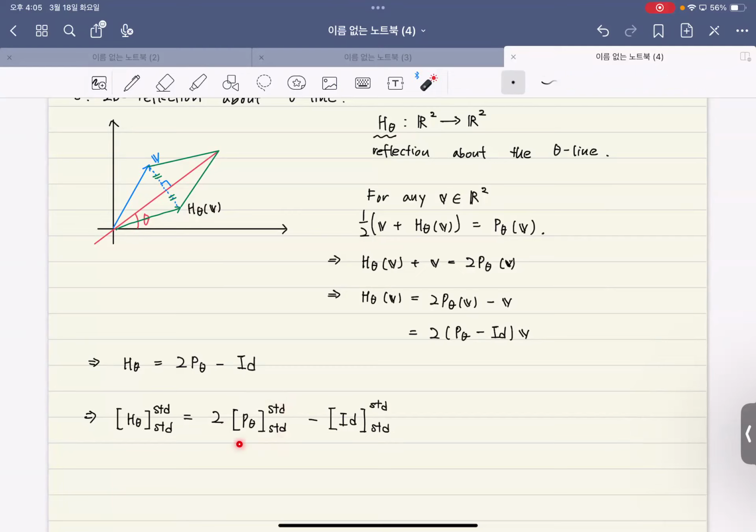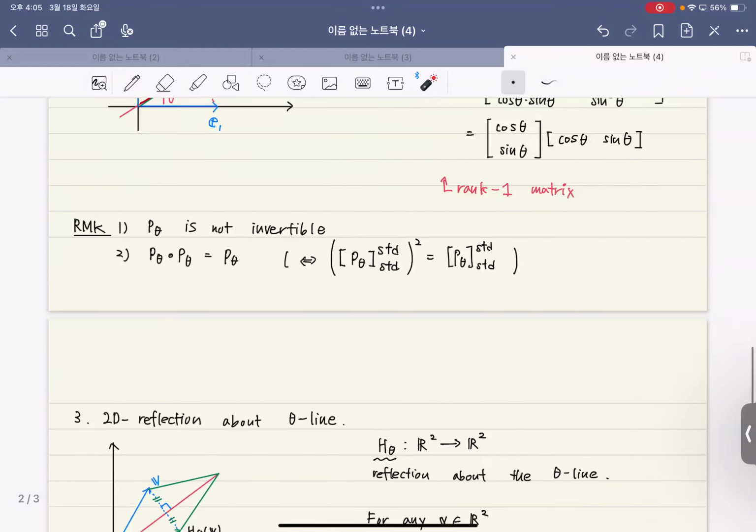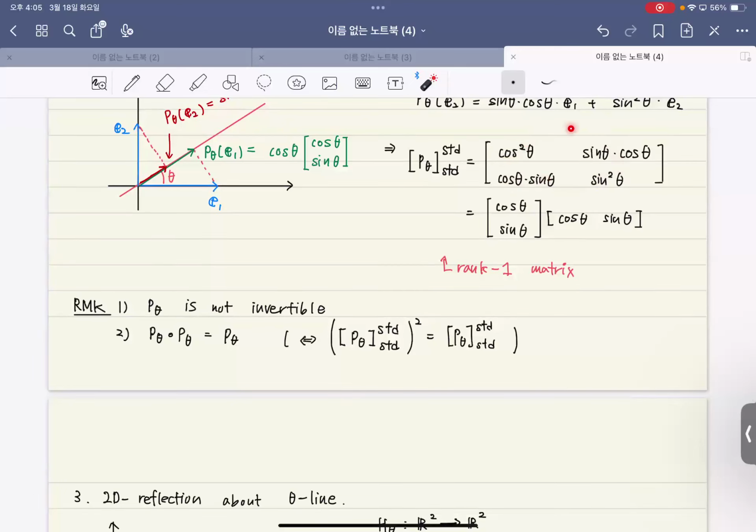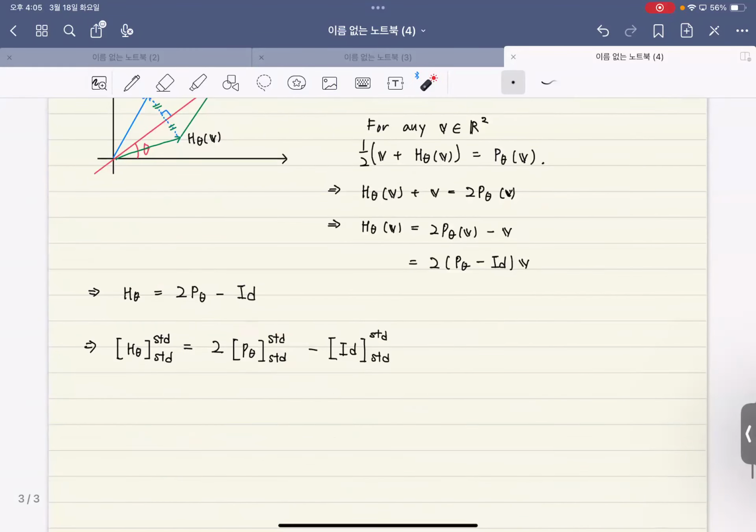We already know this matrix, which is nothing but this one. Now, what do you think this matrix is? This is just the identity matrix.